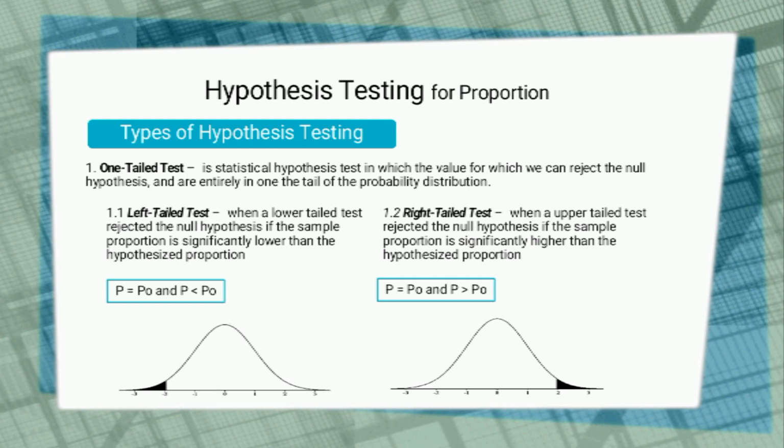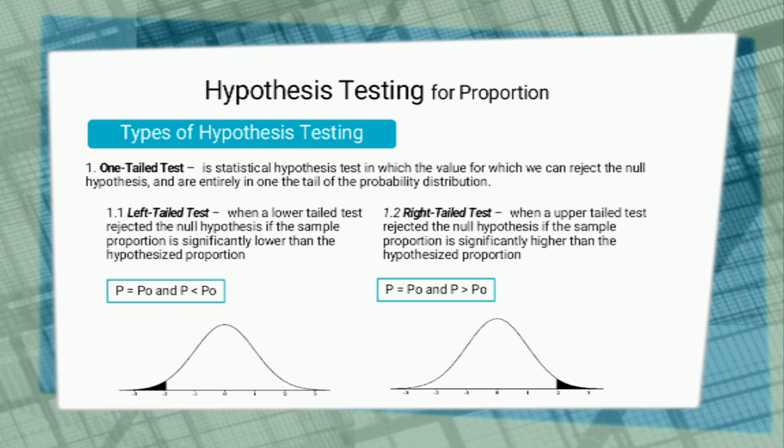So, makikita nyo kung pag left-tailed test, nasa kaliwa yung shade niya. So, nasa kaliwang buntot siya ng probability distribution. Pag sinabi namang right-tailed test, it is if the sample proportion is significantly higher than the hypothesized proportion.